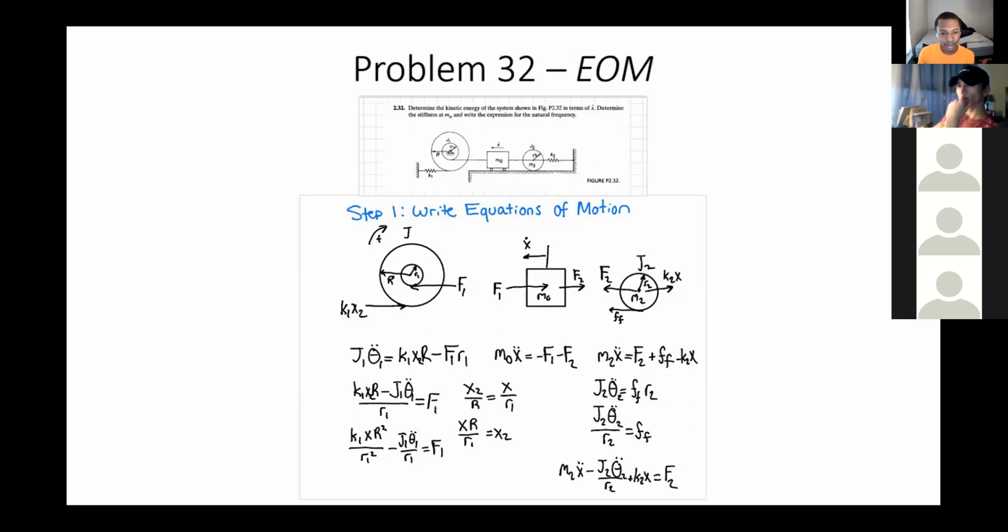We have to get rid of F to be able to solve for F1 and F2. So how we do that is we take a moment around the center to get something in terms of the force of friction. You plug that in, and then you can plug it in here.